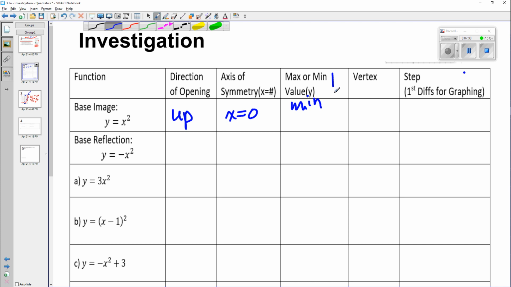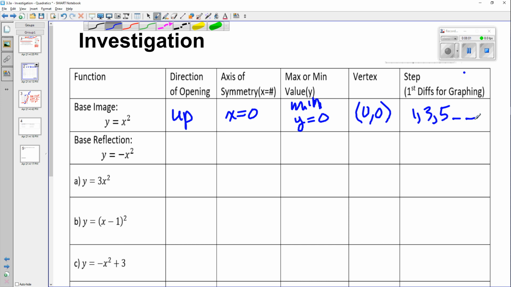So because it's opening up, our y value is a minimum, and its lowest y value is 0. Its vertex is 0, 0. And the steps that we found for it to move up the y's on the parabola are 1, 3, and 5, and it just goes on forever.